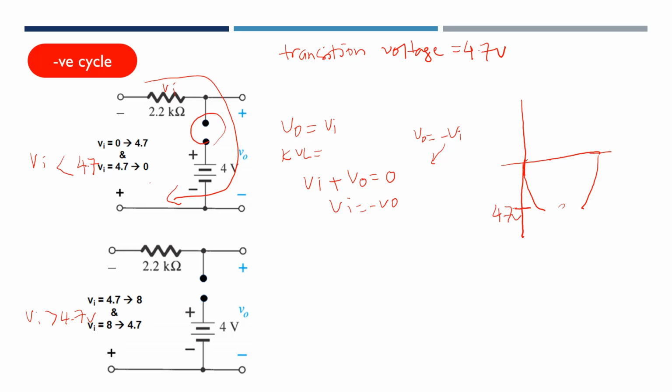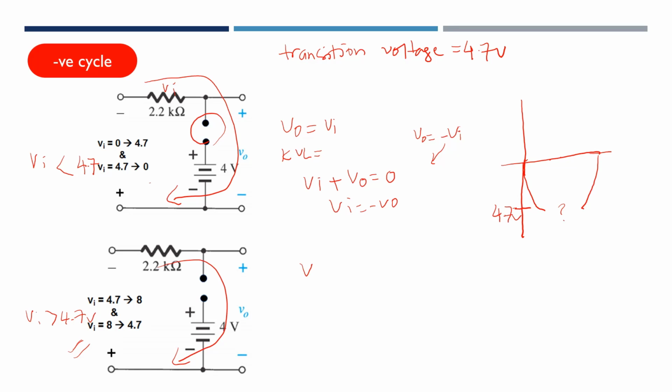Again, what happens here? We need to consider another condition, which is VI greater than 4.7 volt.